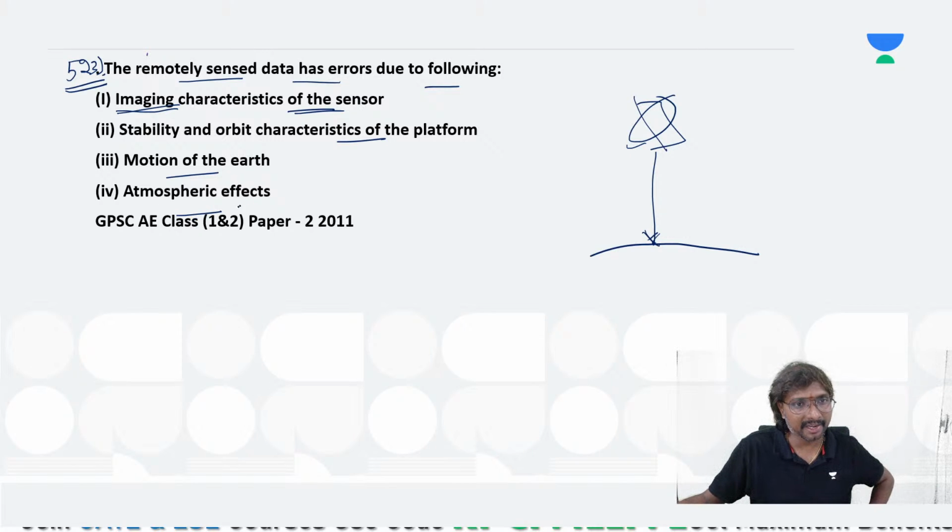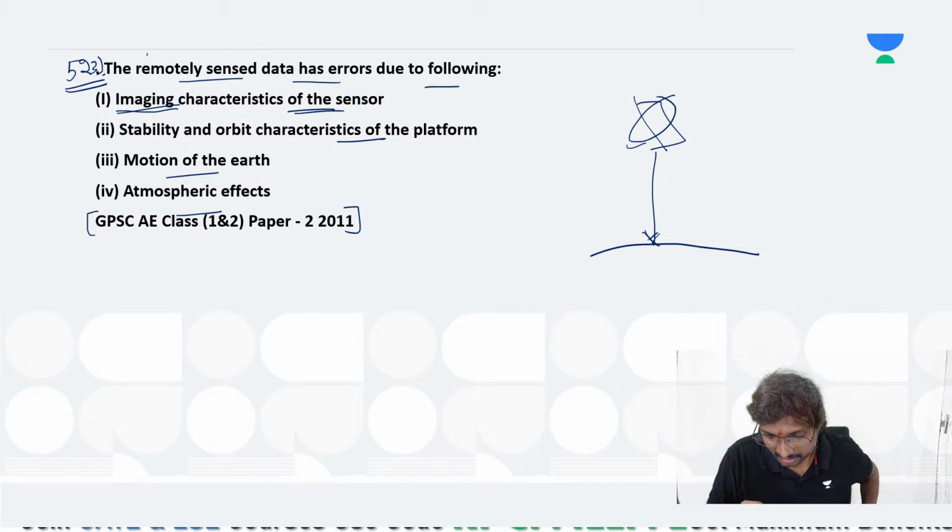Whatever the reason, it will result in this error, if you just observe.